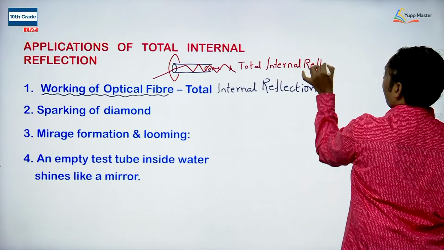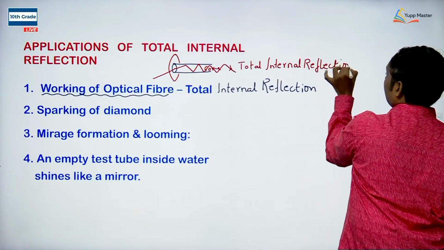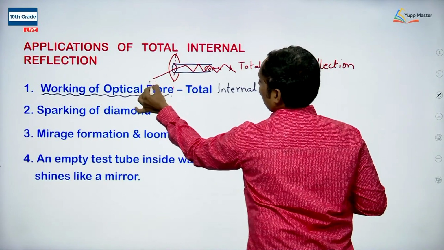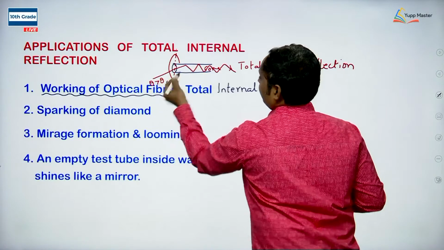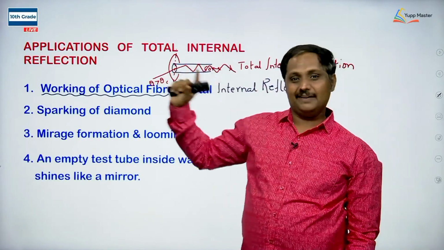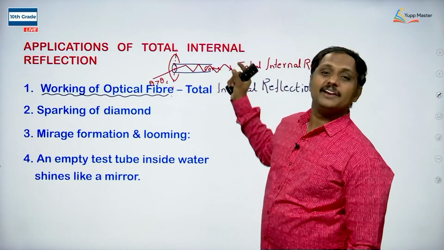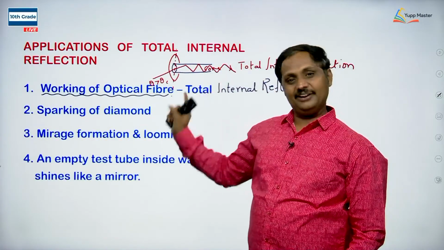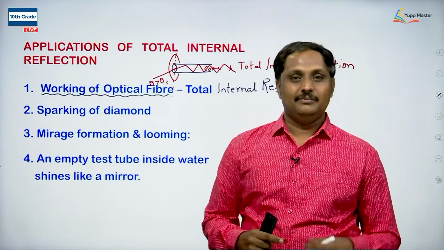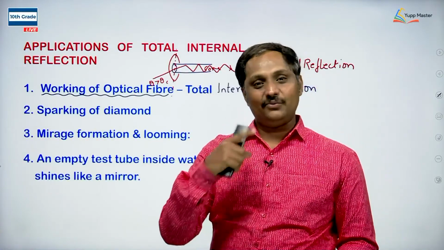So when you increase the angle of incidence so that theta is greater than theta c, it gets total internal reflection within the core material, within the glass material, but at each and every reflection point there exists some loss of energy in the case of light rays.